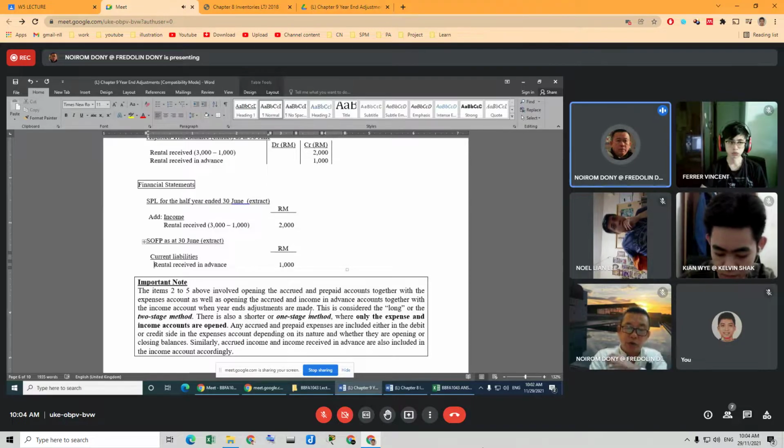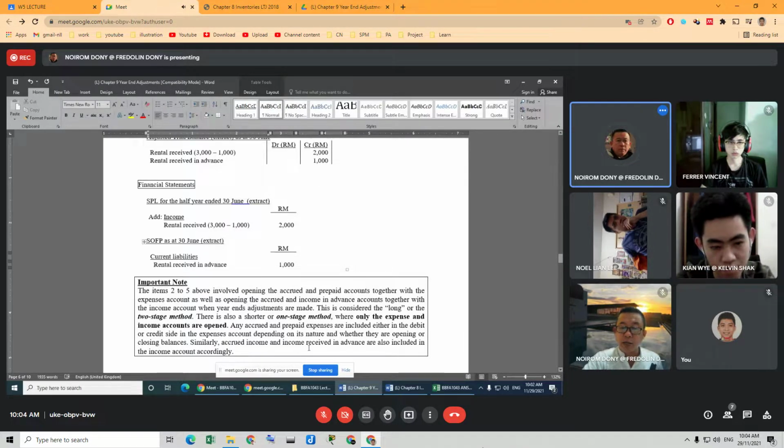Okay, there is also a shorter or one-stage method where only the expenses and income account are open. Any accrued and prepaid expenses are included either in the debit or credit side of the expenses account, depending on its nature and whether they are opening or closing balance.